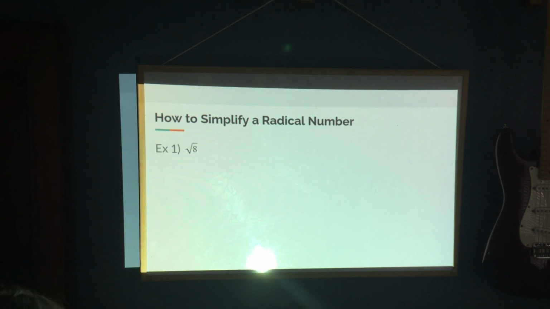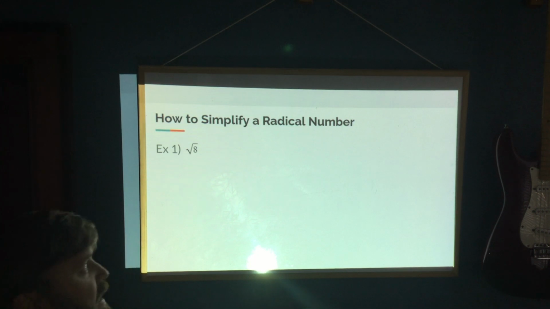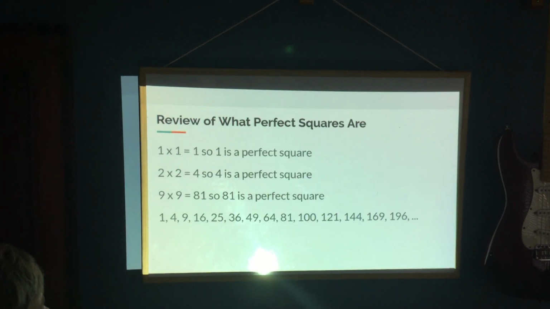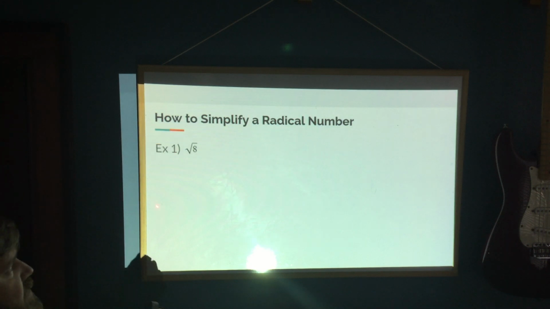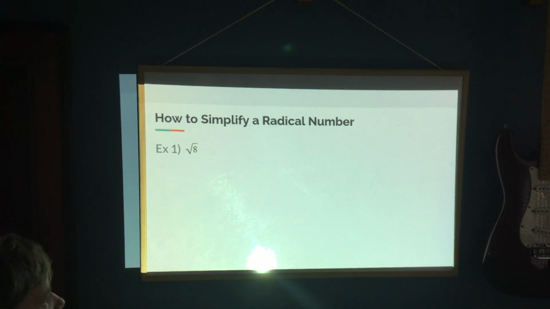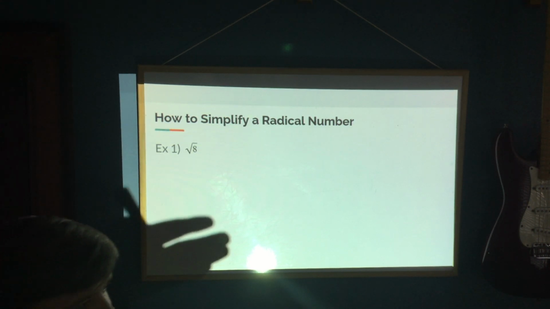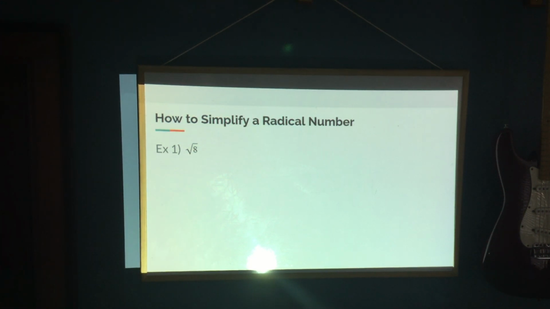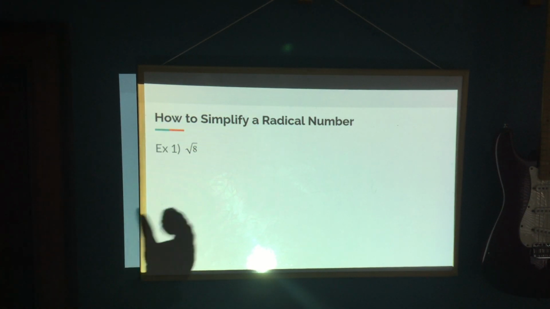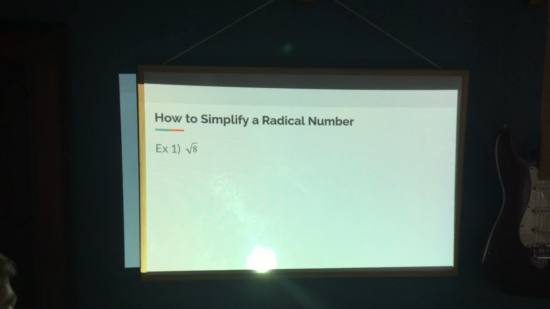I'm going to start out with the square root of 8. Okay, what you're going to want to do is think back to your perfect squares, and you want to know, does this number have any factors that are perfect squares? So 8 is not a perfect square. 1 is a perfect square, but that doesn't really help us. 2 goes into 8, but 2 is not a perfect square. 4 goes into 8, that's a perfect square.